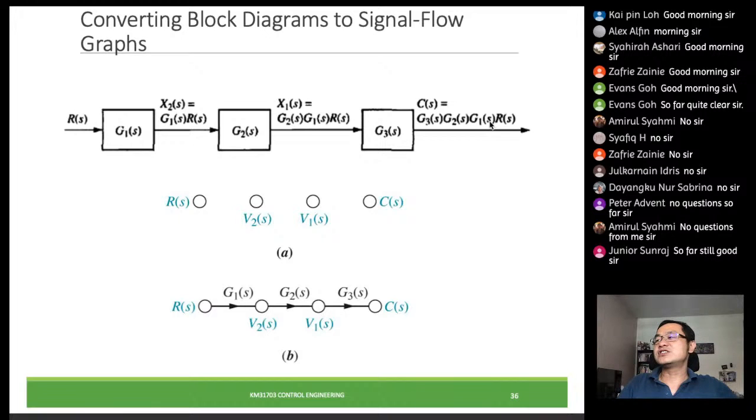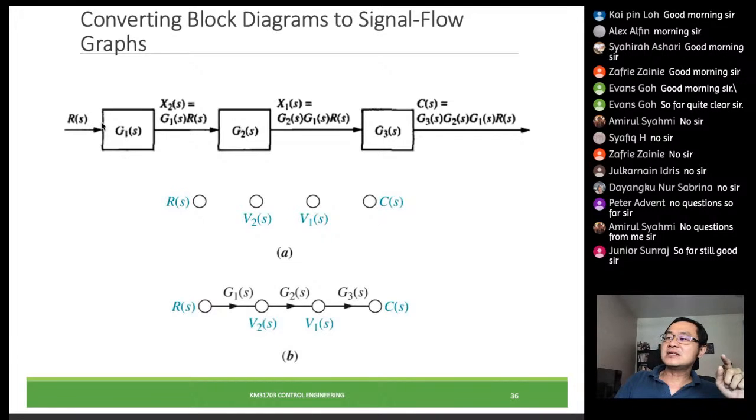So we have a general block diagram, and what we do is identify the signals. So R would be one signal, here x2 would be one signal, x1 would be one signal, and C would be another signal. We represent all of these as nodes.